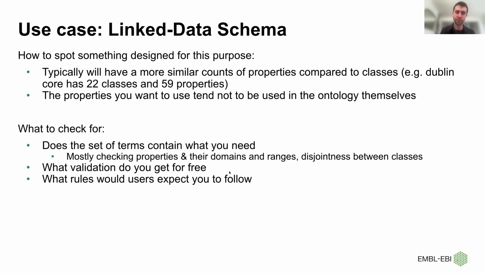That will tell you how the property is intended to be used. And if it's a strict ontology, maybe things like disjointness or any other validation rules that you may be getting for free, which is always helpful, but it's also a very strong indicator of how the property expects to be used, and so how other people might be using it.